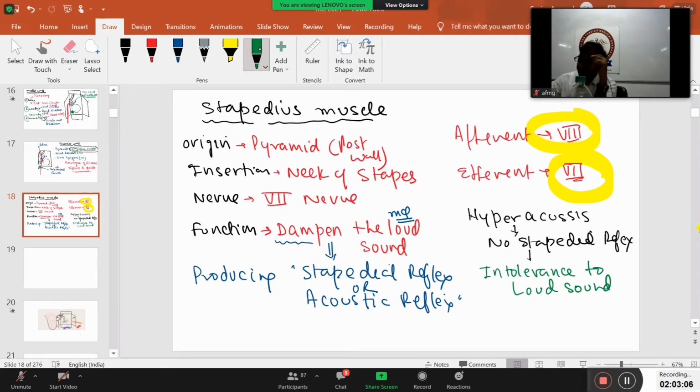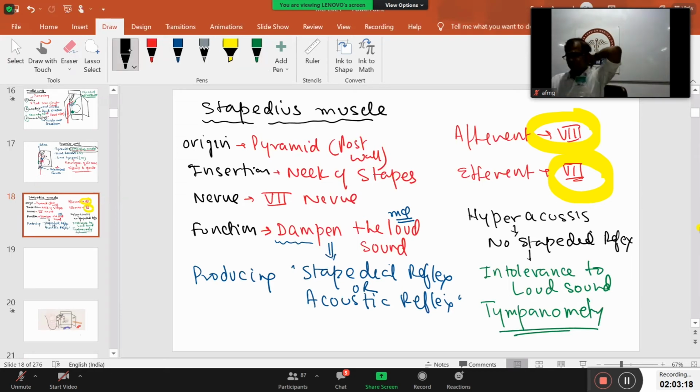You do a tympanometry. The investigation you have to do is tympanometry. What is the investigation we did for station 2? Same tympanometry, right? So this completes the anatomy of the middle ear, which is the most important anatomy of ENT.